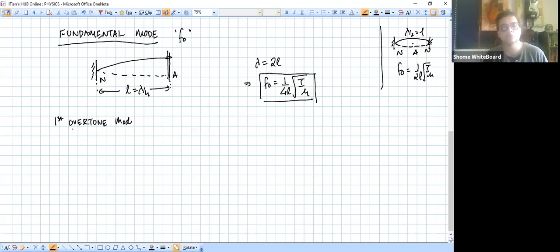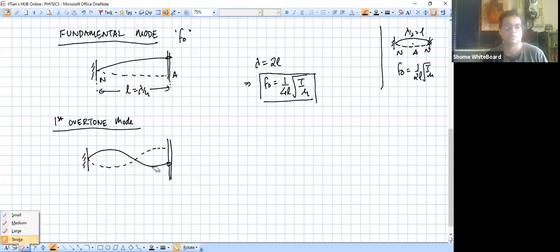In the first overtone mode, the string will be vibrating in some kind of a situation like this. Okay. So in fact, this is more like this.